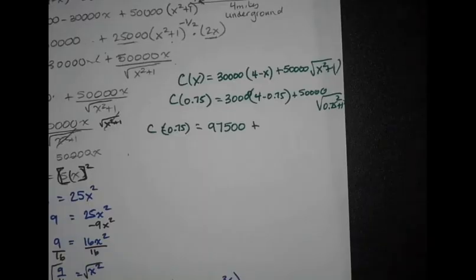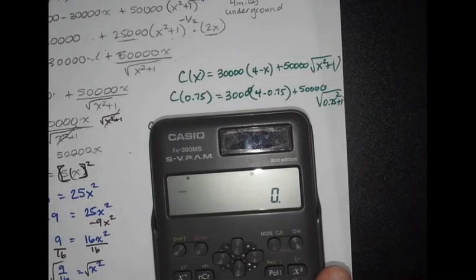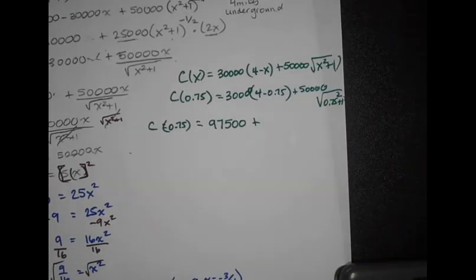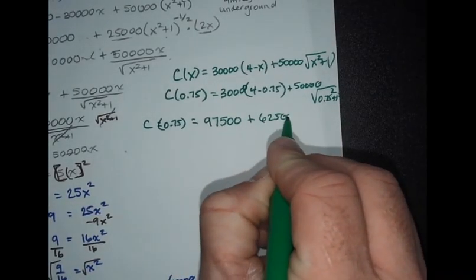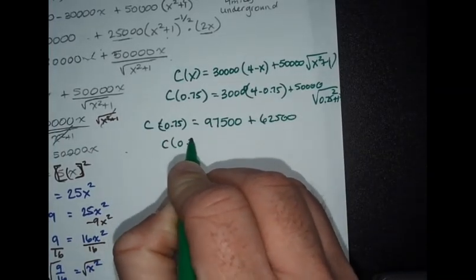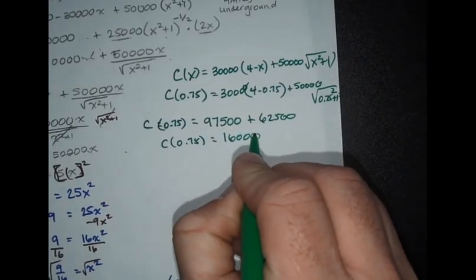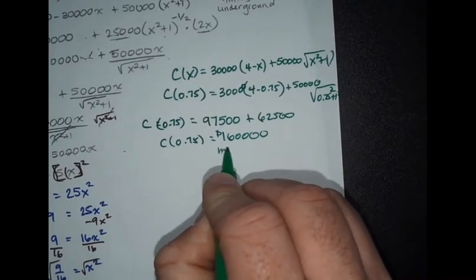So if I was doing that on my calculator, I could think of this as 50,000 times the square root of bracket 0.75 squared plus 1, close the bracket, you'll get that 62,500. And if I add that up, that would get me my minimum cost.